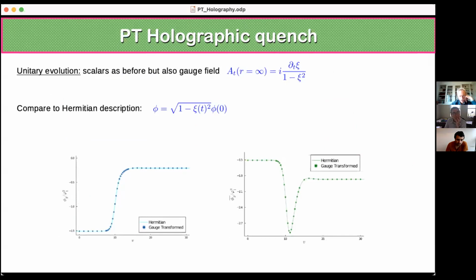So there are in principle two different things you can do, but of course they should be the same. And in fact, here we show the results of our numerical simulations done in both ways. The points are the Hermitian evolution, and the other one is the PT evolution with the gauge field, and you see they give exactly the same results. So it's exactly consistent.